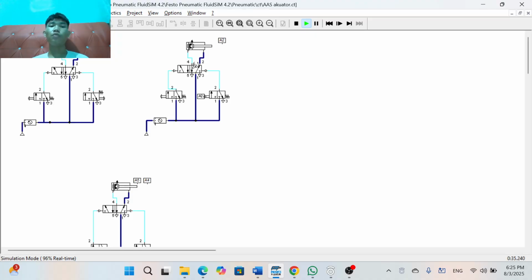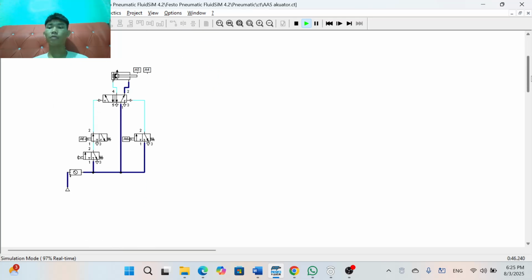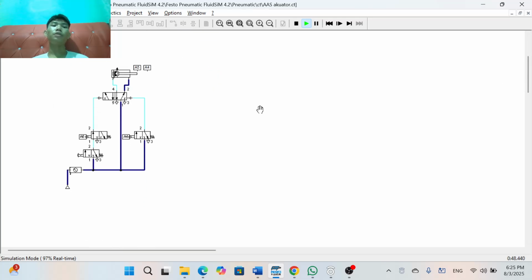So the cylinder will retract or move backward, just like that. And this is the semi-automatic system.